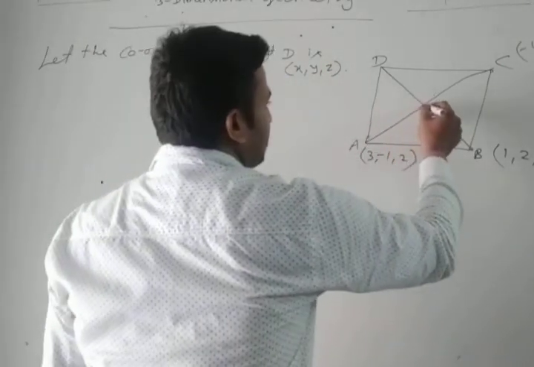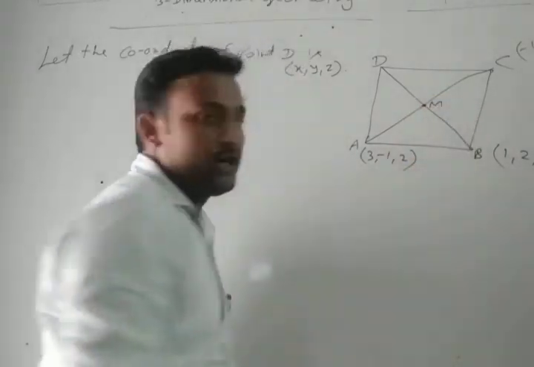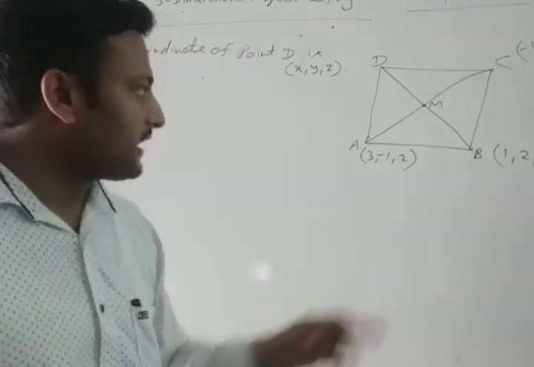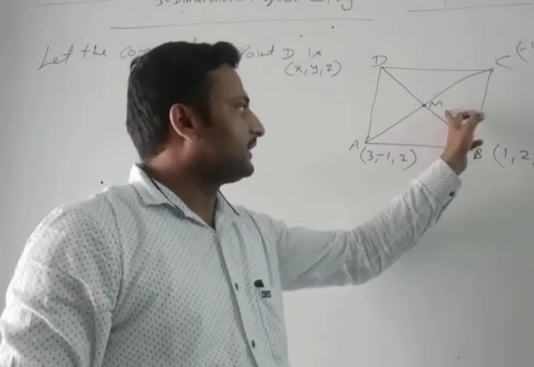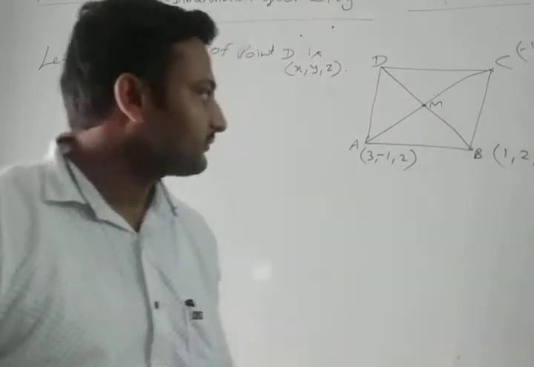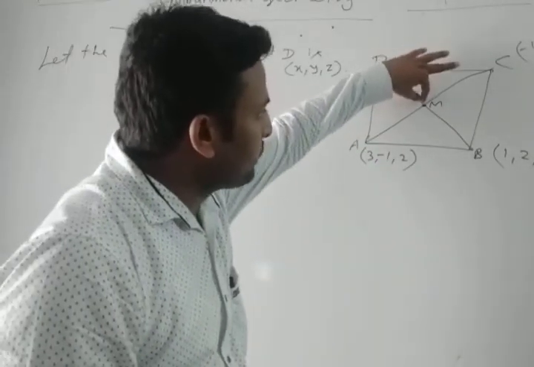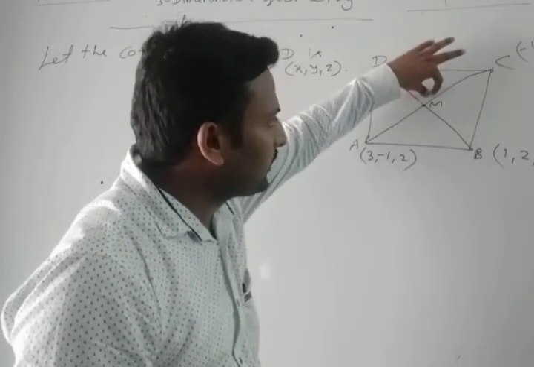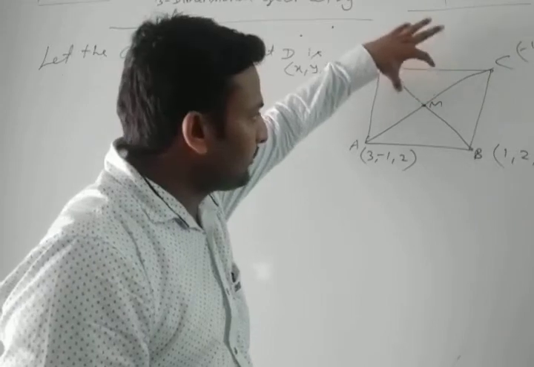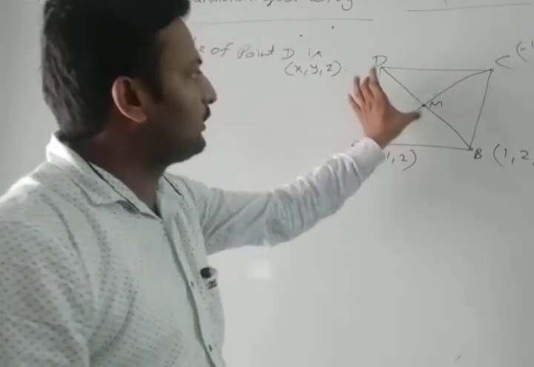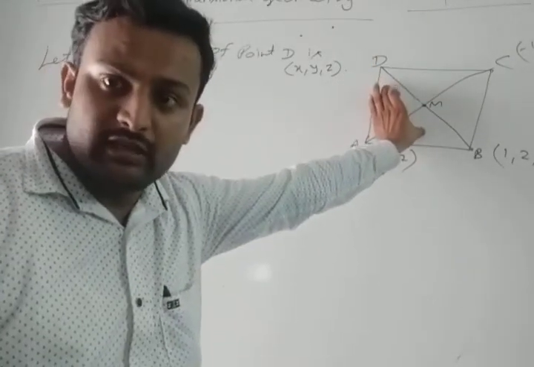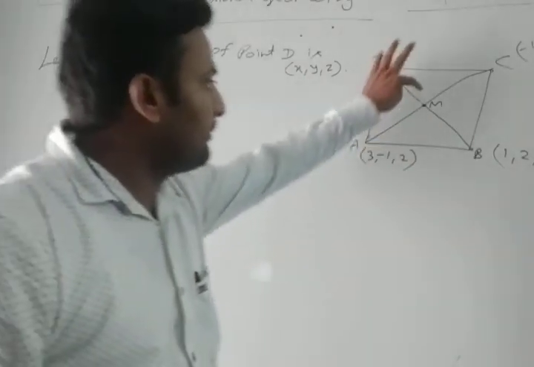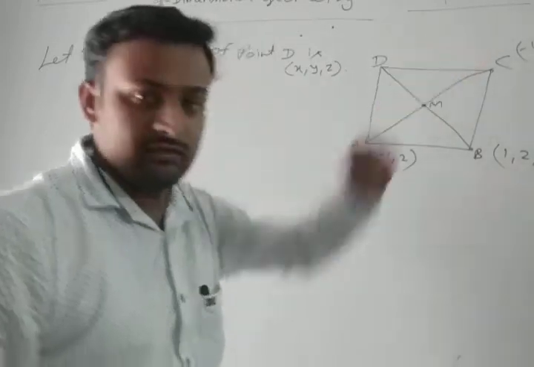Now, M is the point where the diagonals of the parallelogram intersect. So it is the midpoint of diagonal AC and also the midpoint of diagonal BD. So the midpoint of diagonal AC is equal to the midpoint of diagonal BD. What will we do here? We will find the midpoint of diagonal AC first.